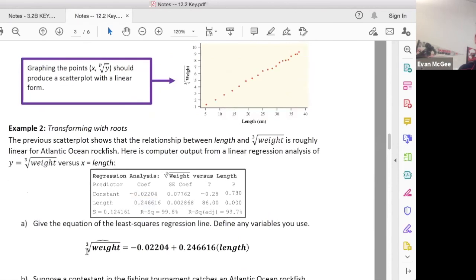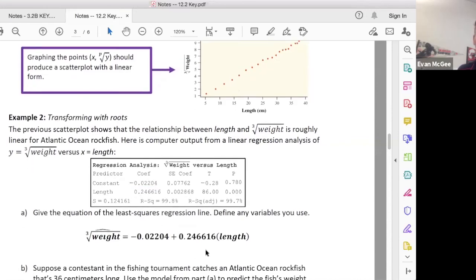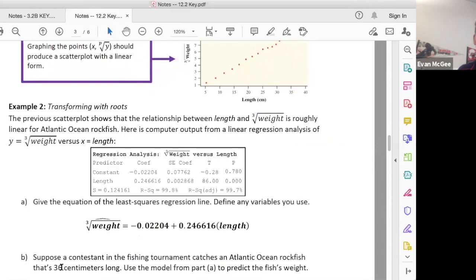And there you can see it. So you still have the cube root of the weight, and you need your hat because it's still predicted. Y-intercept, slope.